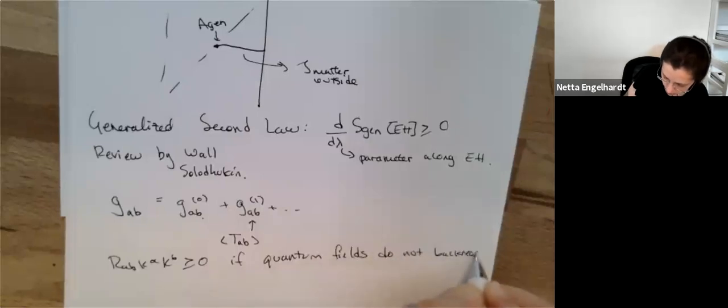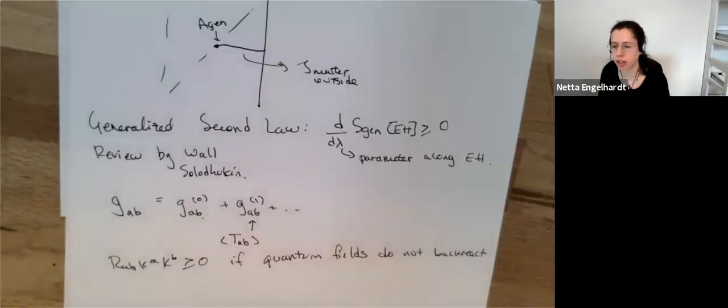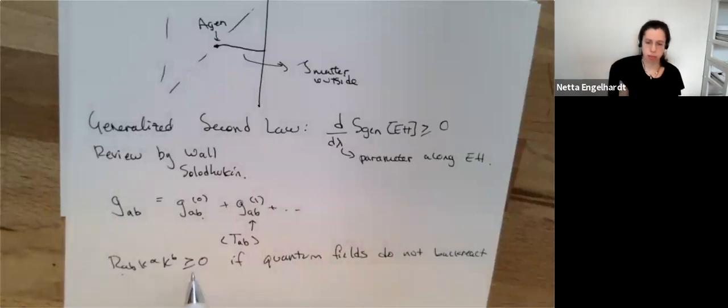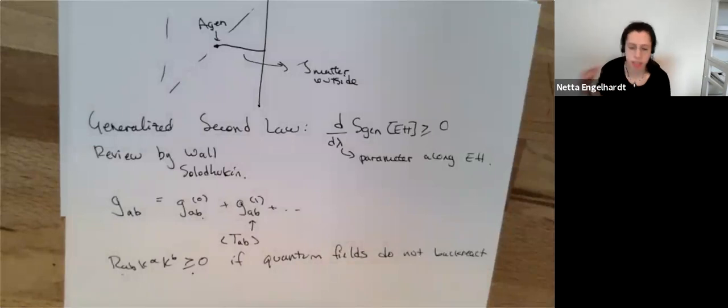So the Faulkner-Lewkowycz-Maldacena prescription is fine in terms of strong subadditivity and causal wedge inclusion. But as soon as we allow back reaction, we run the risk of violating this, because we know that the null energy condition can be violated by very pedestrian quantum states.